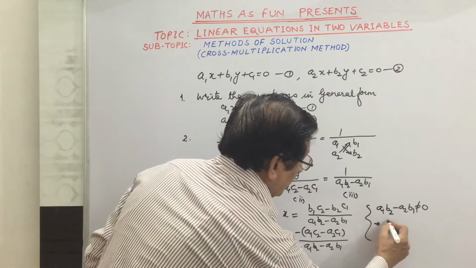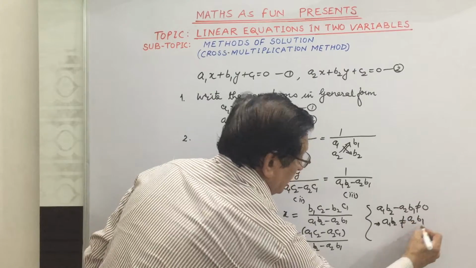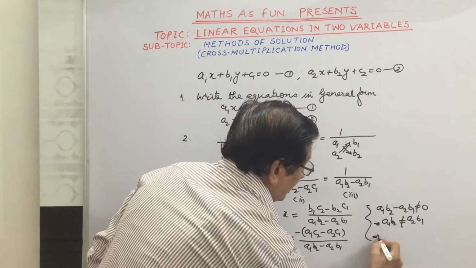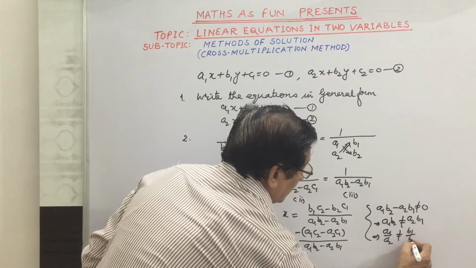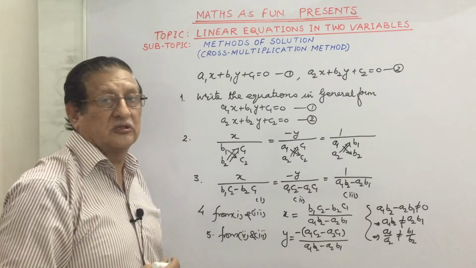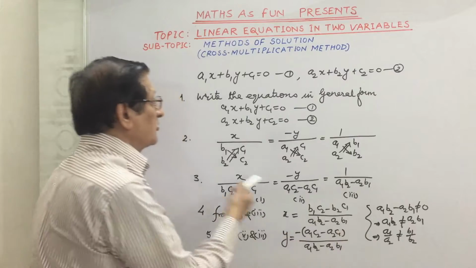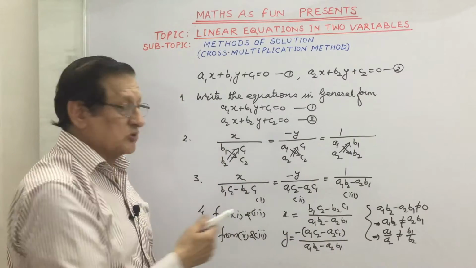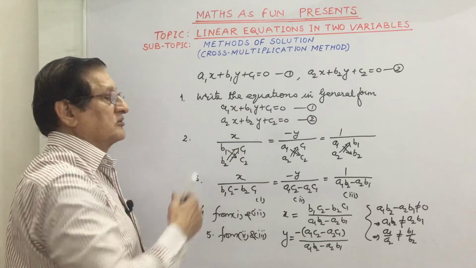It means a1 b2 should not be equal to a2 b1. And if we divide, we get a1 upon a2 should not be equal to b1 upon b2. So this becomes the condition for unique solution of the equations, that a1 upon a2, the ratio of the coefficients of x, should not be equal to b1 upon b2, the ratio of the coefficients of y.